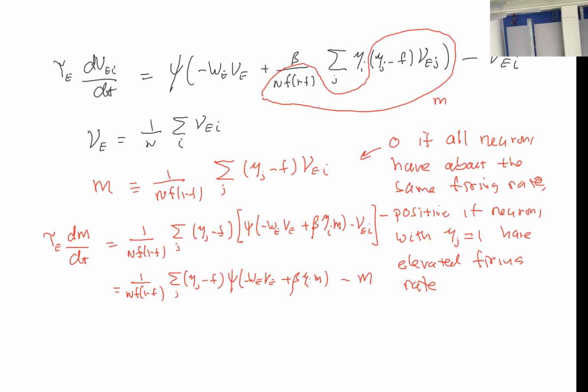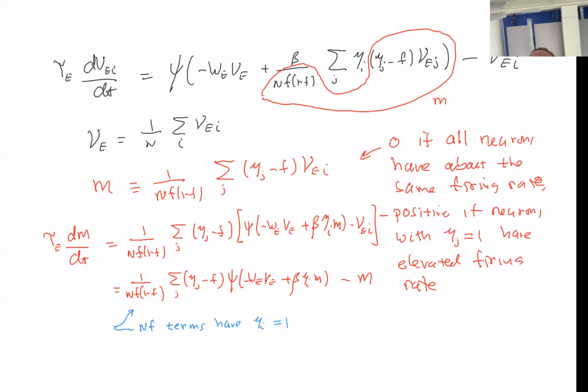Okay. So now this is where things get a little bit tricky unless you're used to doing this. If you look at this sum, there are NF terms that have eta I equal to 1.